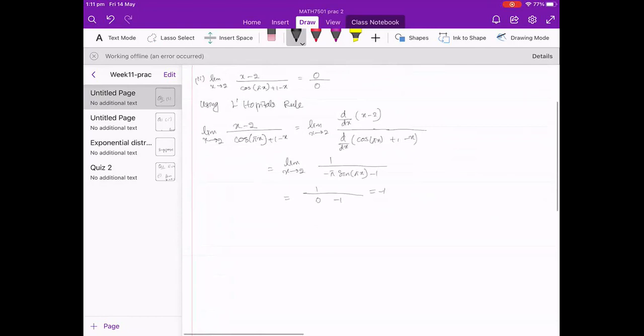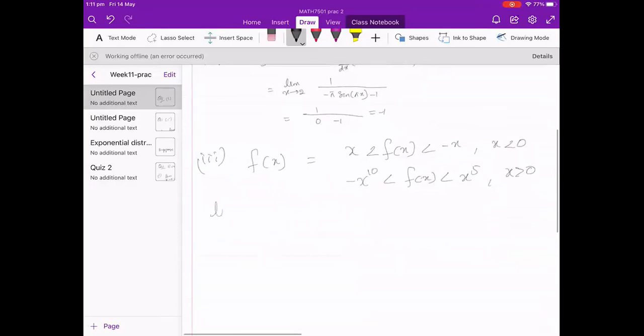The next part is the third part. You are asked to show the limit as x tends to 0 of f(x), where f(x) is between x and minus x if x is negative, and f(x) is between minus x to the power 10 and x to the power 5 if x is positive. Find the limit as x tends to 0 of f(x).